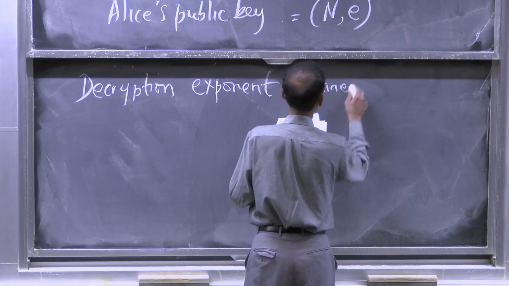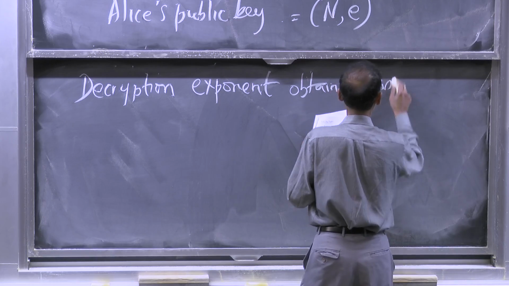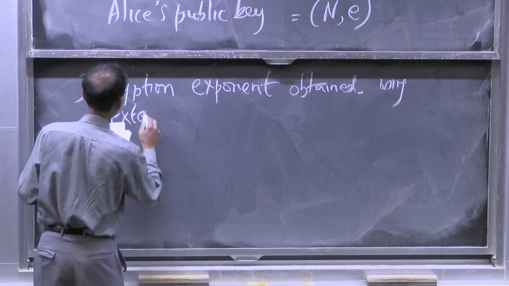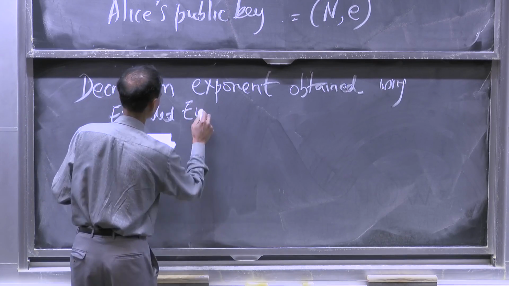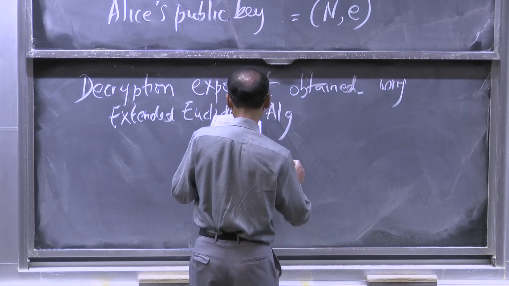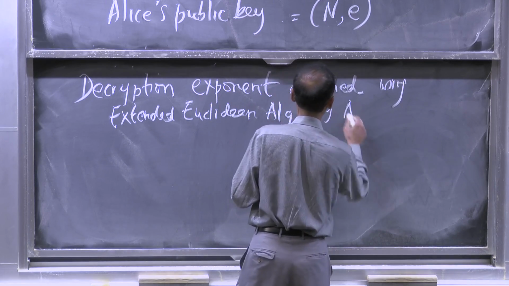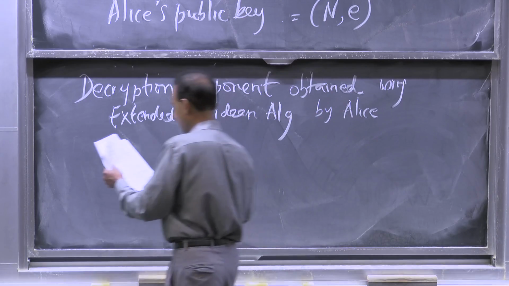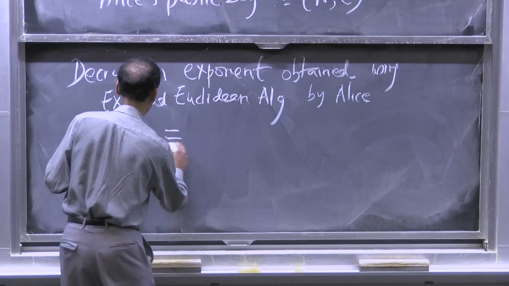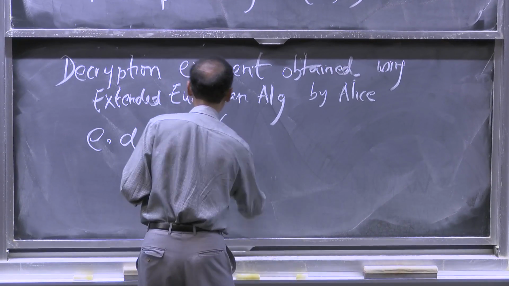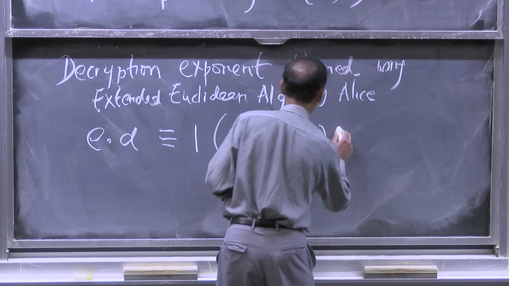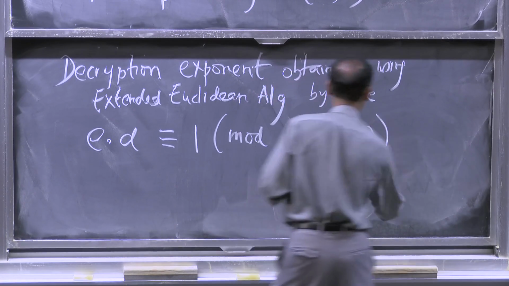You get the decryption exponent using the extended Euclidean algorithm. And this is done by Alice secretly, where what you want is to have the relationship that E times D is 1, and this is mod (P minus 1)(Q minus 1).